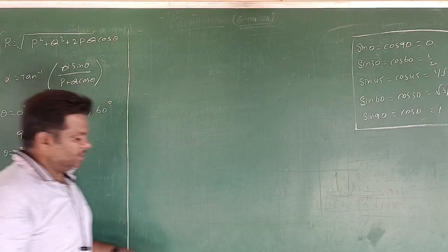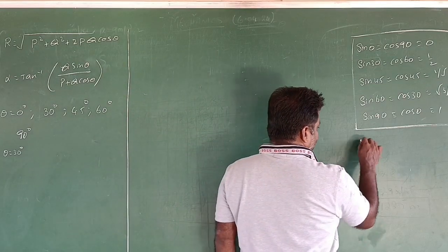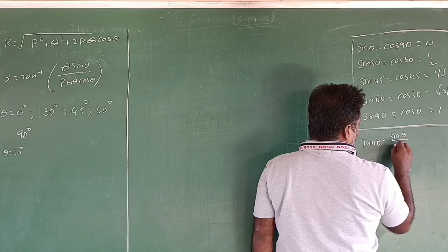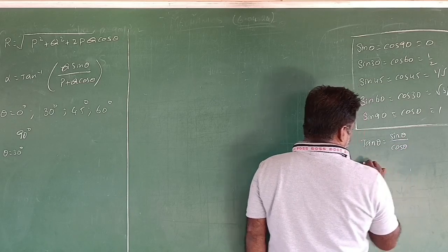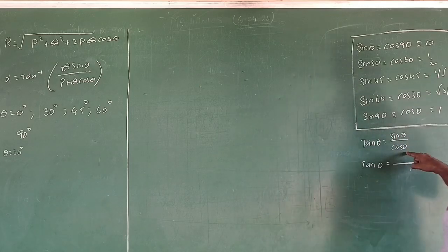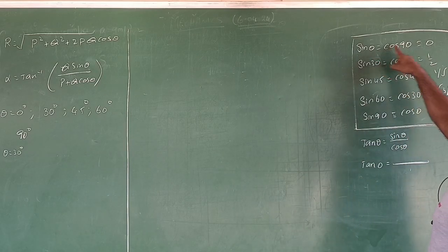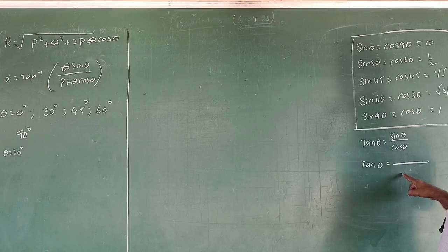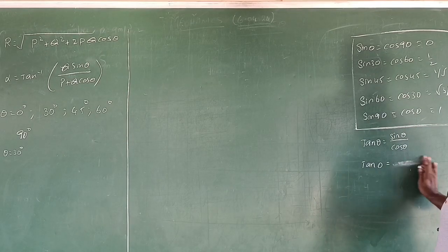Okay. Here I will give you a hint, tan theta. Tan theta is equal to sin theta by cos theta. Suppose tan 0, sin 0 by cos 0, sin 0 is 0, cos 0 is 1, 0 by 1, you will get only 0 value.